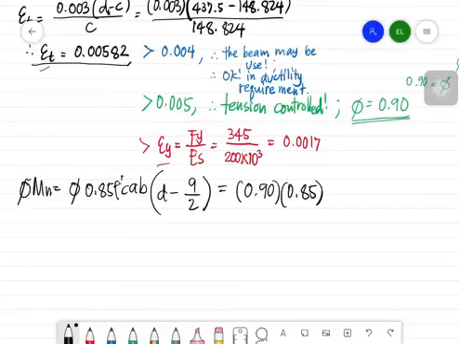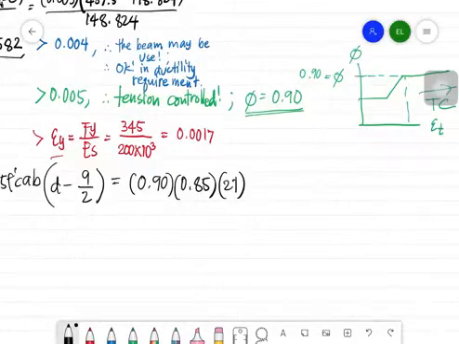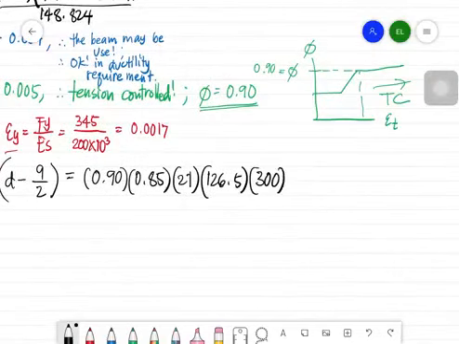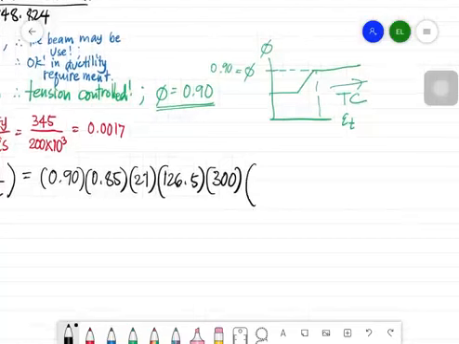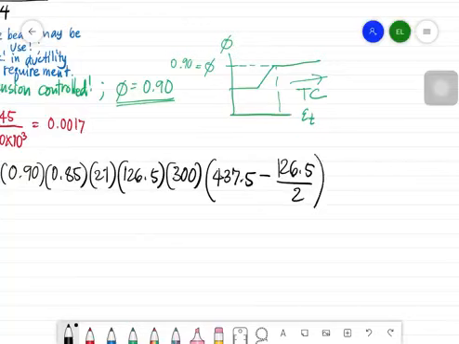So this is 0.9, times 0.85 f'c, times a, which is 126.5, times b, which is 300, times d, 437.5, minus a, 126.5 over 2.